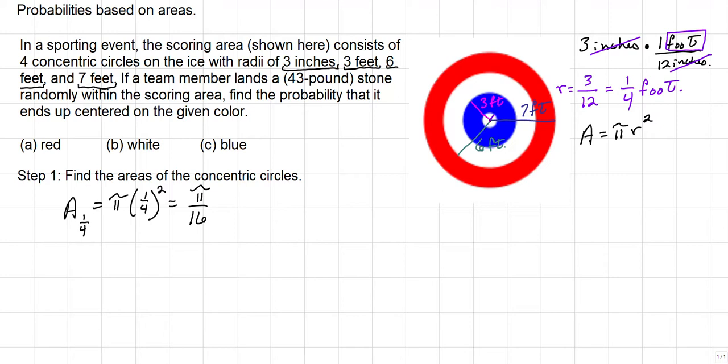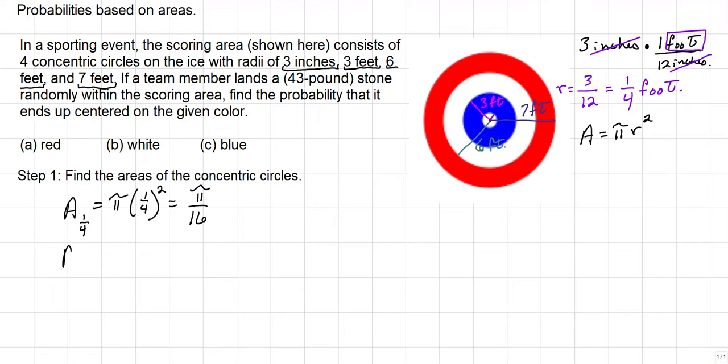Do not convert this to a decimal equivalent. Leave it as pi over 16 for right now. We're going to do that with all of our concentric circles, because as we work through this, we'll find out that the pi values will divide out and we won't have to deal with them.